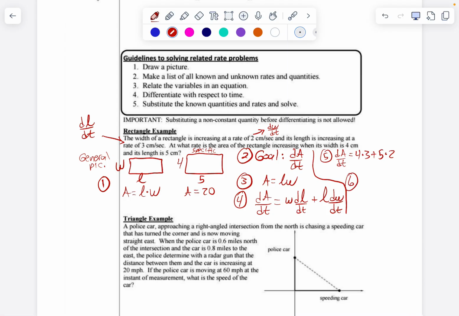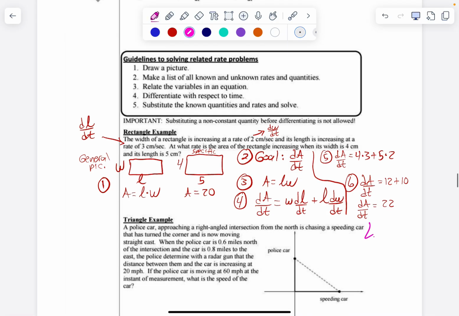Okay, and then step 6 is just to solve. So 12 plus 10. So 22, and label. So 22 what? Yeah, this is area, so centimeters squared per second. Okay?